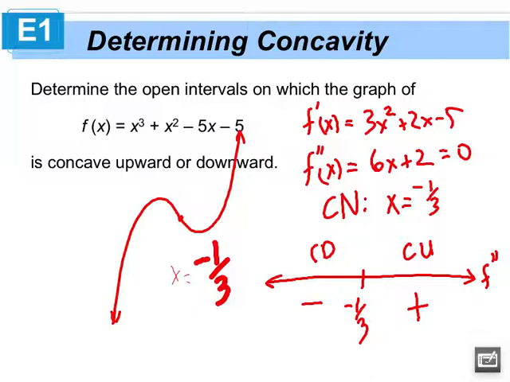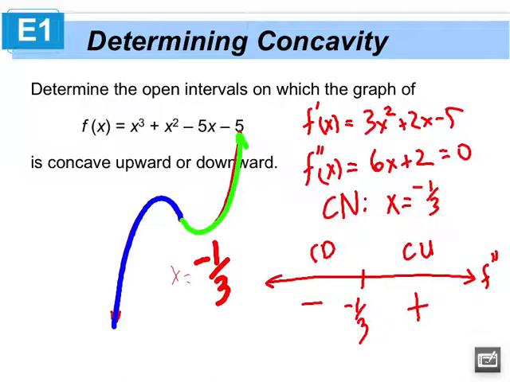That happens at x equals negative 1/3, which is our critical number. And that's a pretty important point, because notice on the graph, concave down up to that point, concave up from that point on.